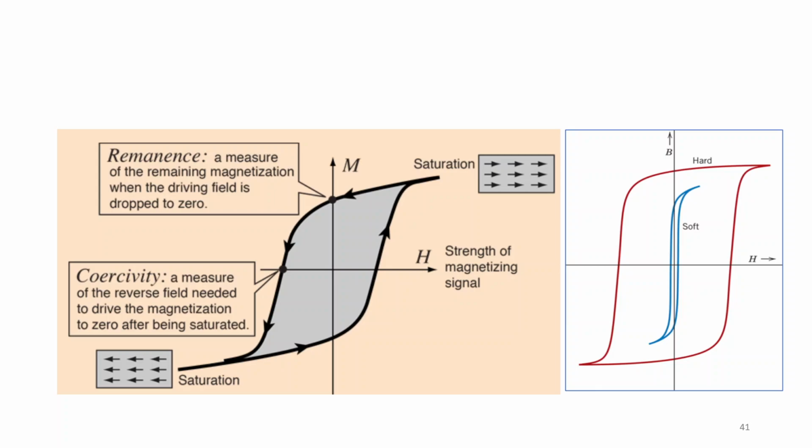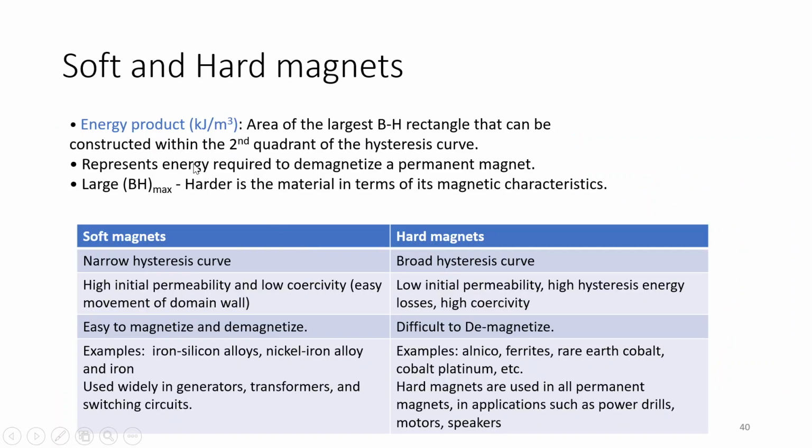Based on this hysteresis loop, we can tell whether a magnet is a soft magnet or a hard magnet, and we can find out the BH product as well, which will give you the energy product.